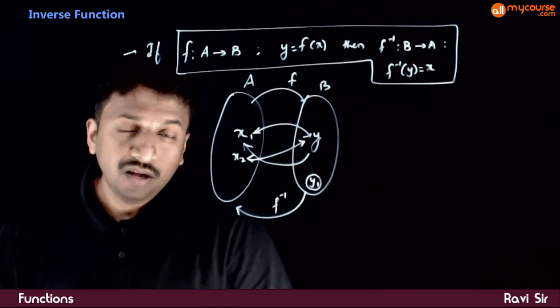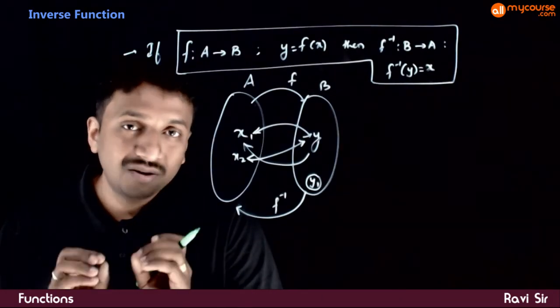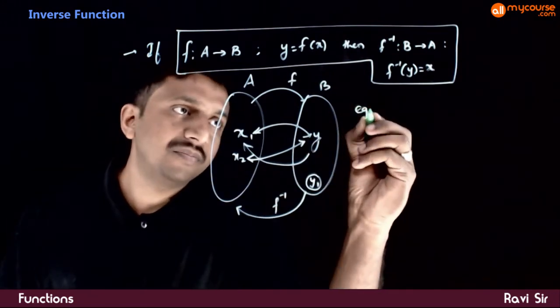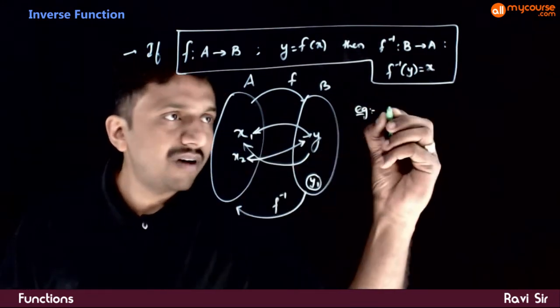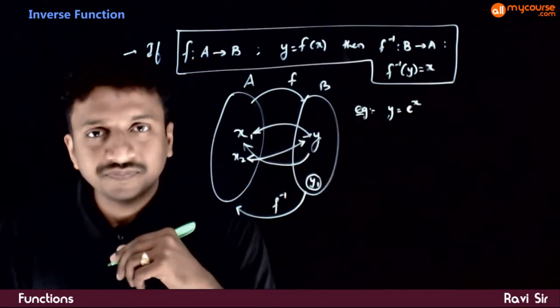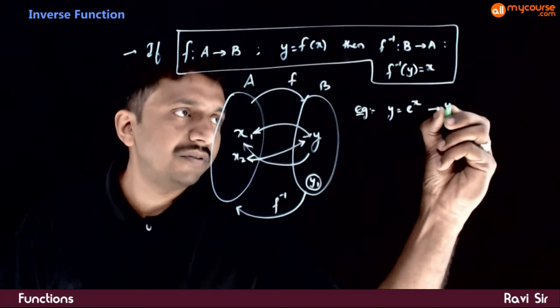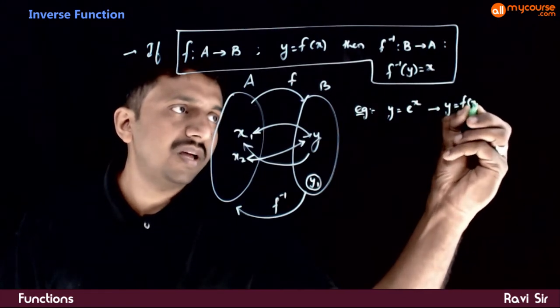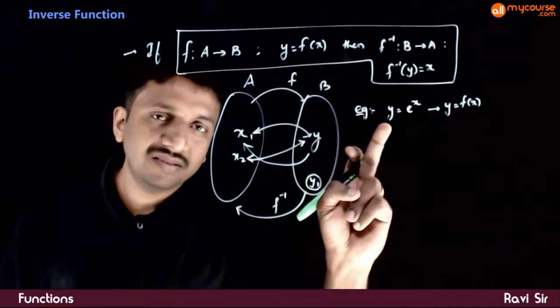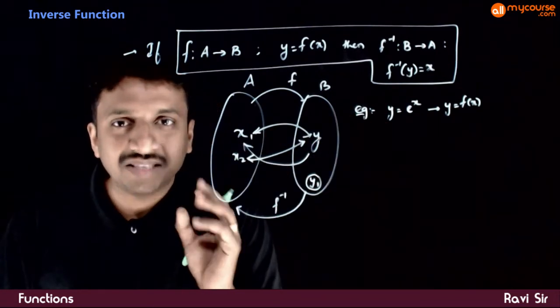Next, if you are given a function, how do you find the inverse of the function? For example, if you have a function y is equal to e power x, of the form y is equal to f of x. We know that this function is a bijective function.